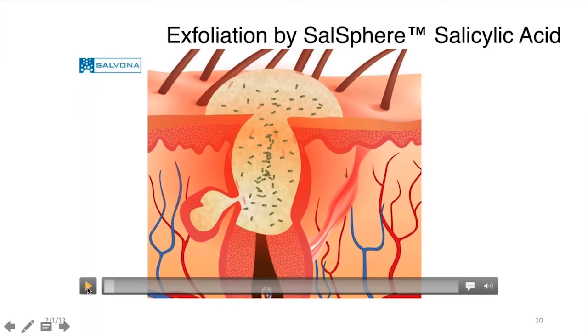First of all, let's look at the pimple itself. You see, this is the pimple, this is the sebaceous gland, and here inside the pimple we start to see the formation of the clog. The plug is made out of fatty acid, some dead bacteria, these brown beads that you see here, and some dead cells.